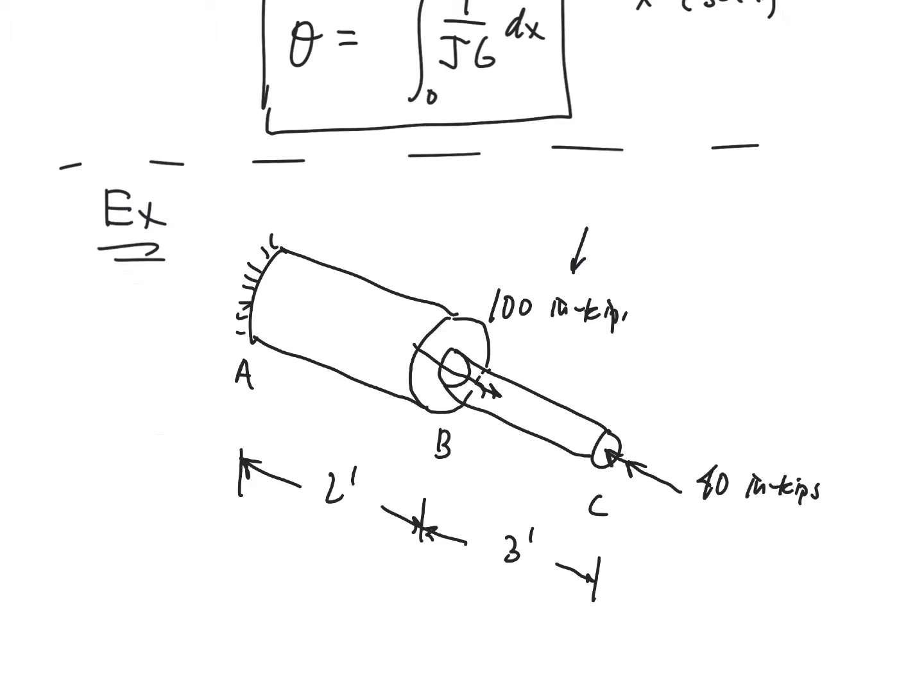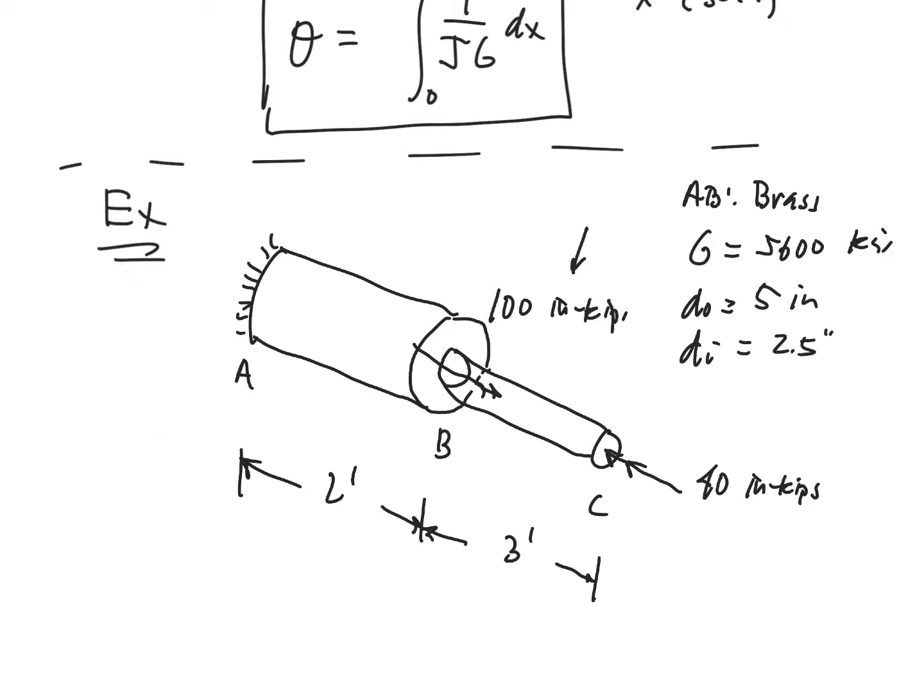Then let's give some properties. From A to B is made of brass, a relatively soft material. It has a G of 5600 KSI, and this one's hollow, with an outer diameter of 5 inches and an inner diameter of 2.5 inches. B to C is stainless steel, and that is solid, with a diameter of 3.5 inches, and its G is a lot bigger.